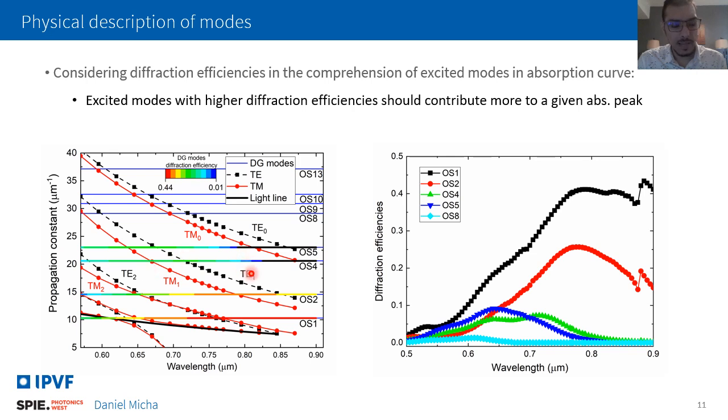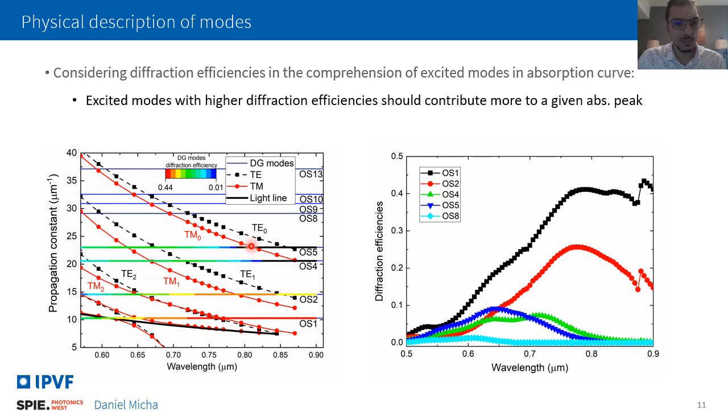The horizontal lines here represent the optical states, and in colors we now represent the efficiency of that optical state as a function of wavelength. The more reddish, the higher the diffraction efficiency, and toward the blue, or to the black, the lower the diffraction efficiency.